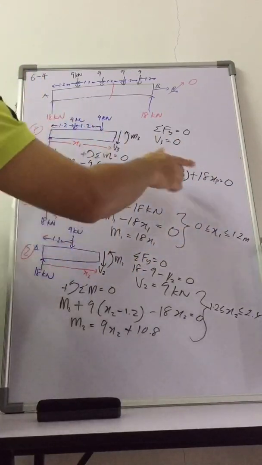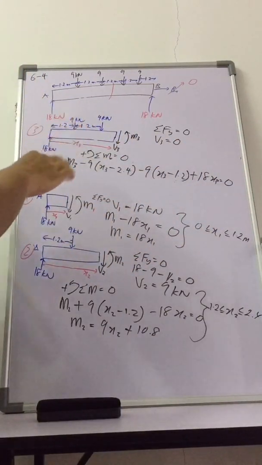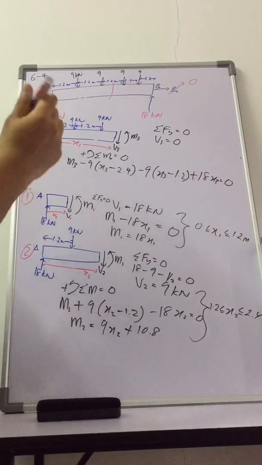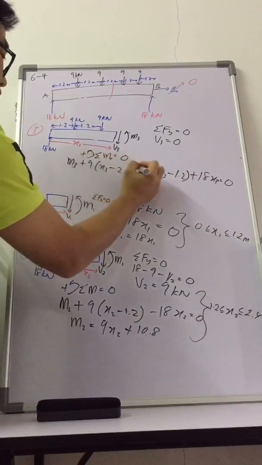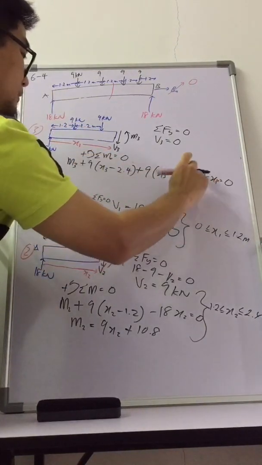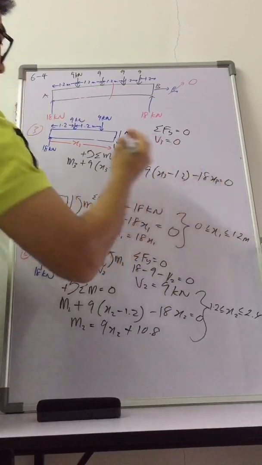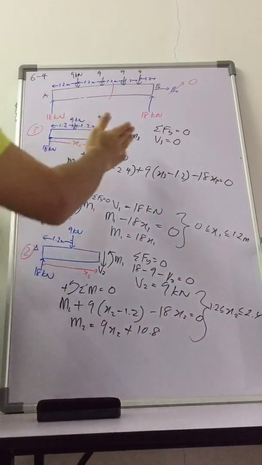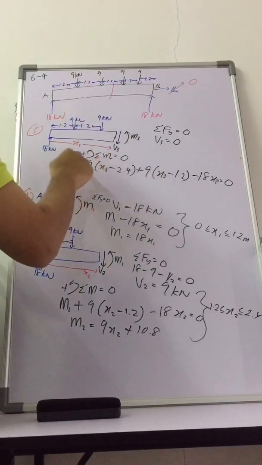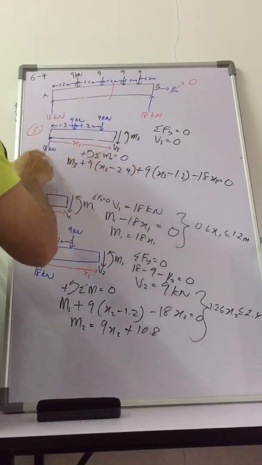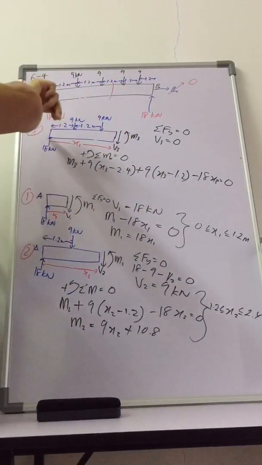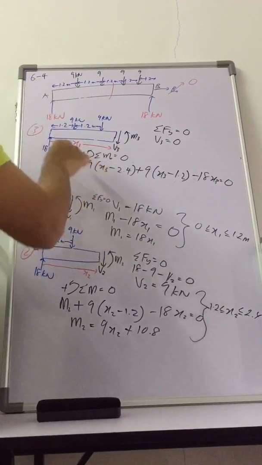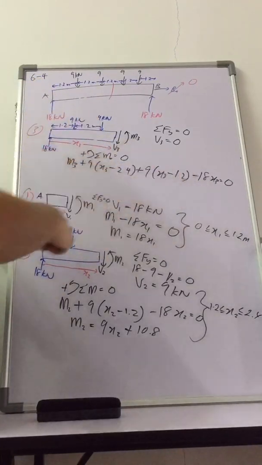Why positive 18 X3? Wrong. This is positive, this is positive, this is negative, because all of these follow the same counterclockwise direction. Only this 18 causes the counterclockwise direction, right? So 18 X3 minus equals 0.